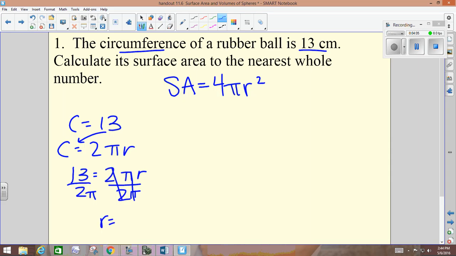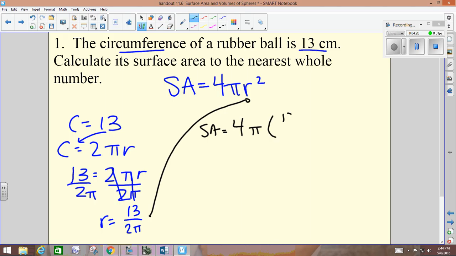So this would be the exact radius length, since it's in terms of pi. And you could just take that value and substitute it in for r. So the surface area is 4 pi times (13 over 2 pi) squared.